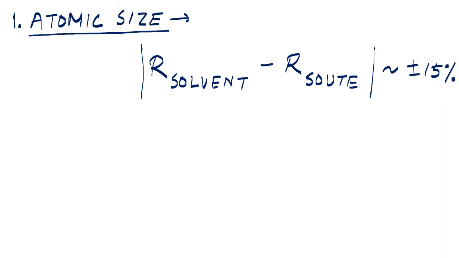If that difference is greater than 15%, then both will not accept each other. So this is the first condition.